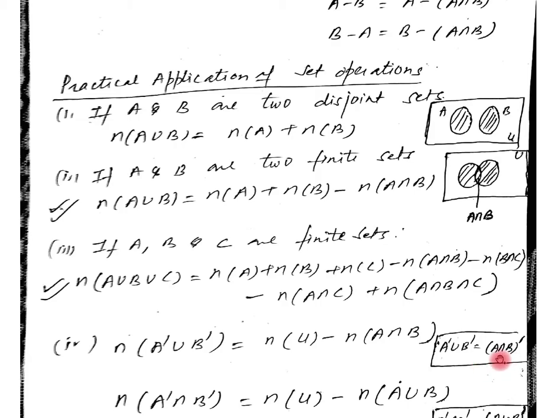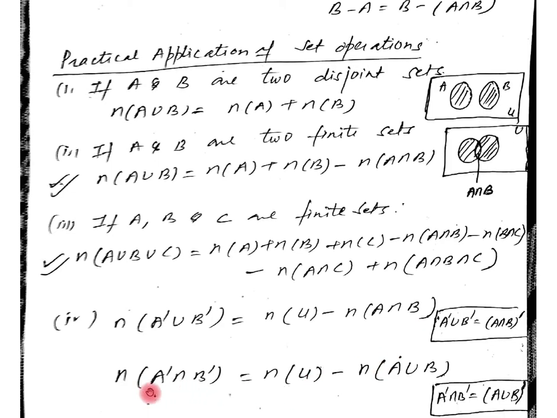Now we have to find out its complement. It means the number of elements in U minus the number of elements in the intersection. Therefore, n(A dash union B dash) can be written as n(U) minus n(A intersection B).